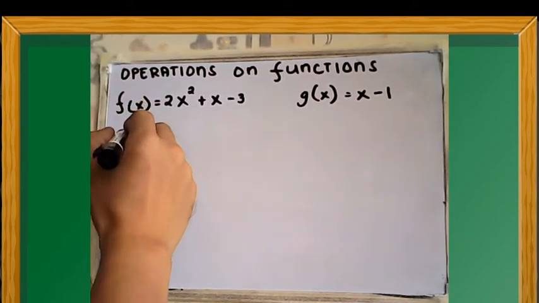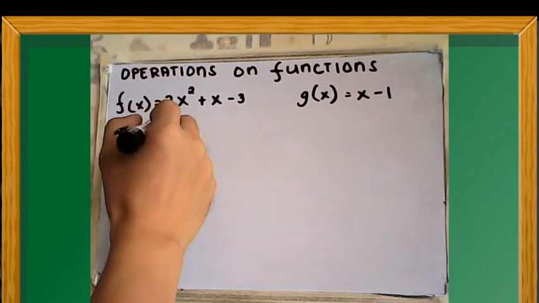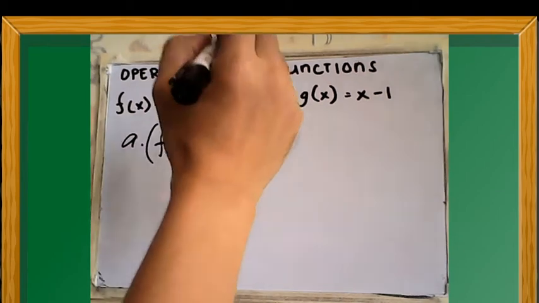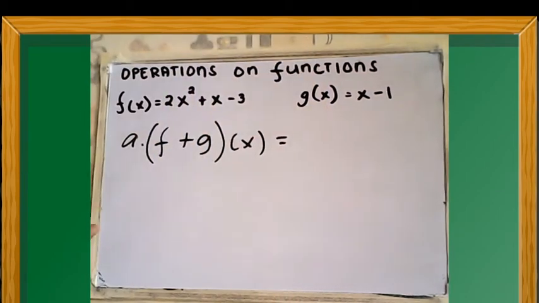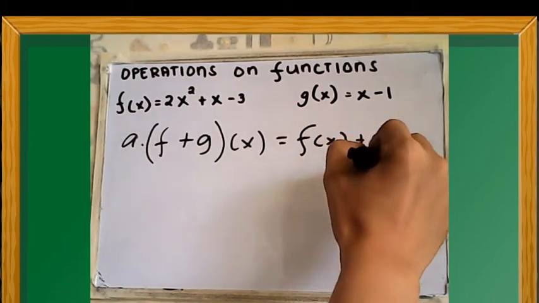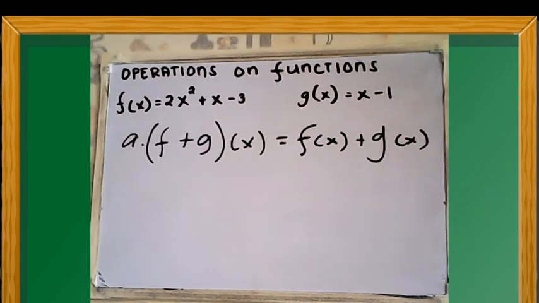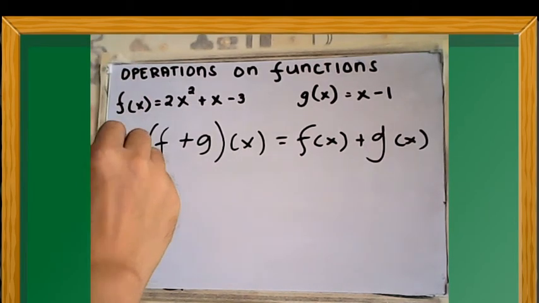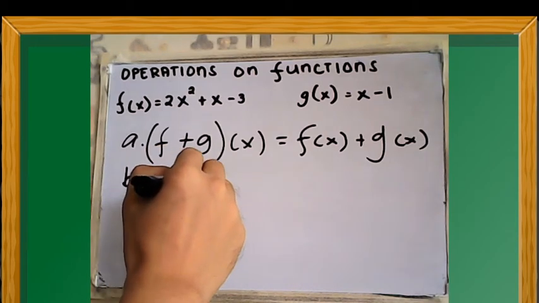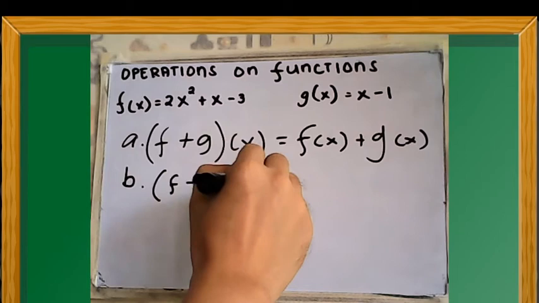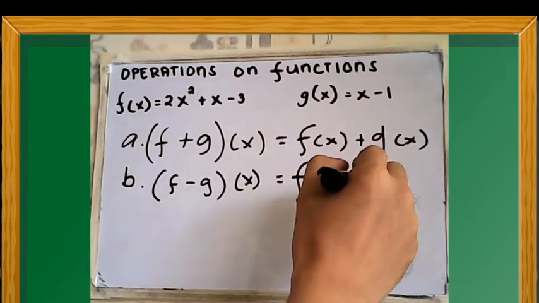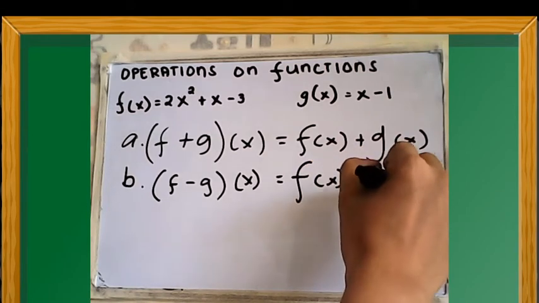So these are the two functions given. So we're going to perform f plus g of x, so that is equal to, or the same with, f of x plus g of x. Then letter B, we're going to subtract two functions, f minus g of x is equal to, or the same with, f of x minus g of x.